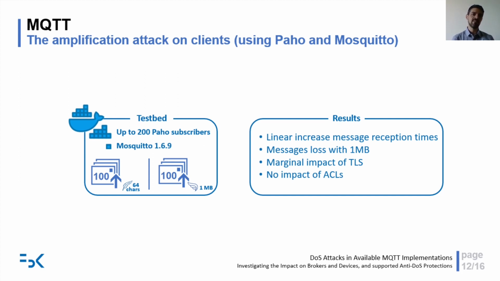The 1 MB tests also present message loss, as in different test runs a subscriber was not able to connect and receive its messages. As with the Raspberry Pi, there is no difference if using access control lists, but, considering those are small messages, there is only a marginal impact due to TLS.